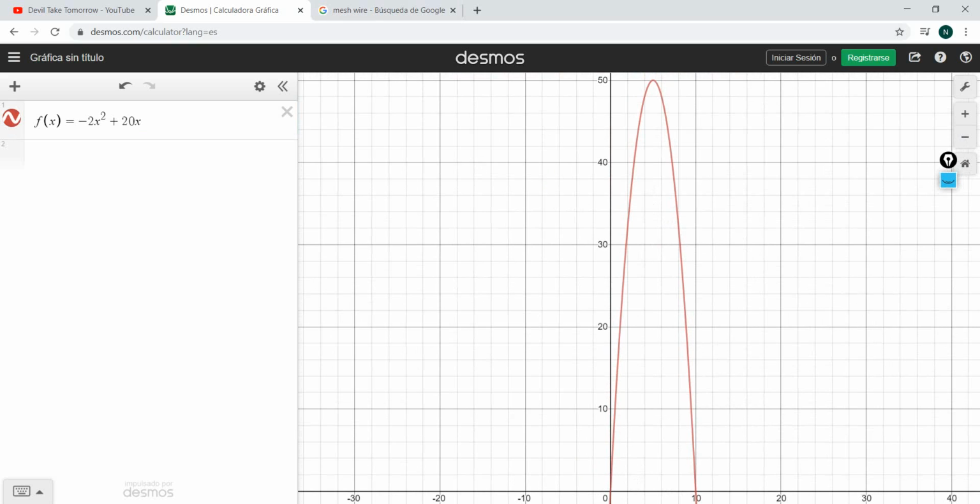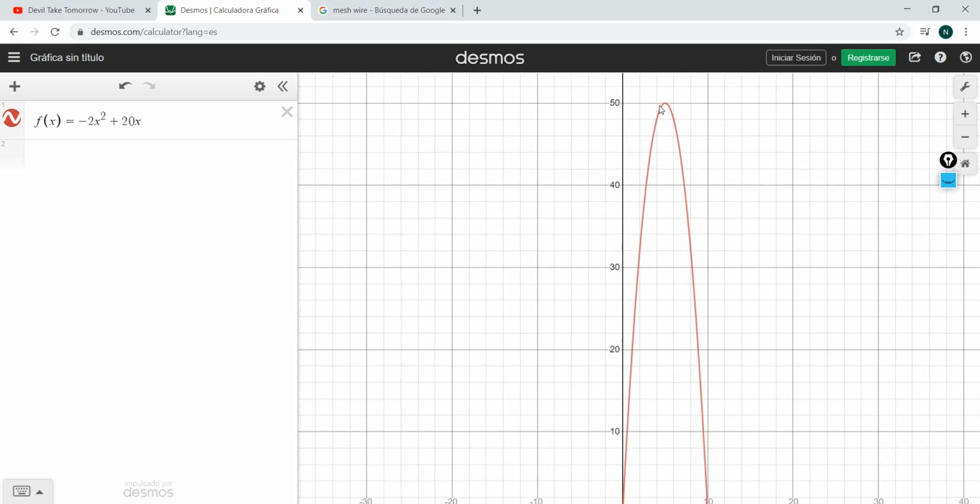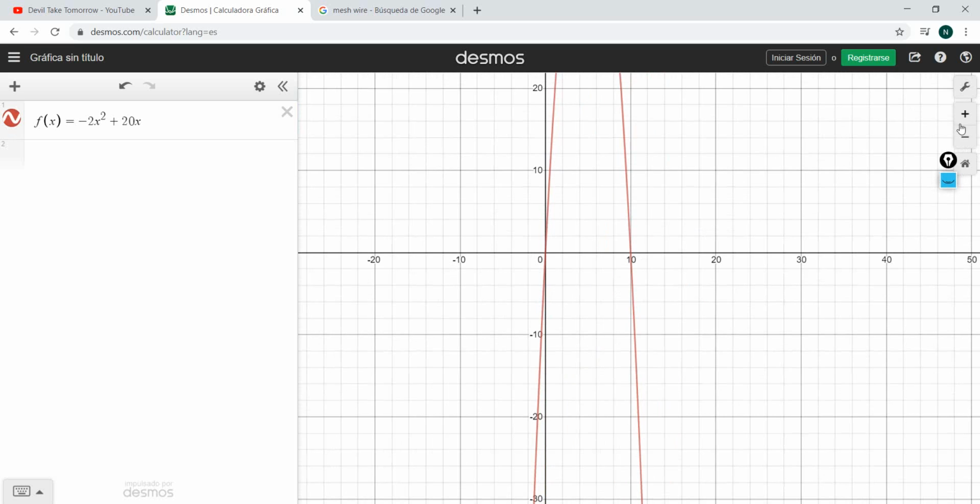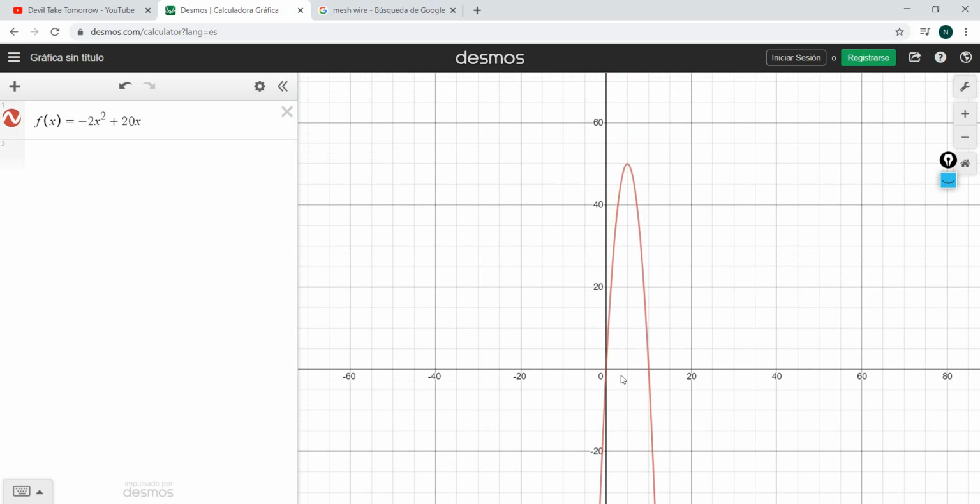You see, it's a parabola that opens up downwards. It starts at 0 and its vertex is the point 5, 50, like I told you. What does this axis represent? The side x. What does this axis represent? The area of the garden.